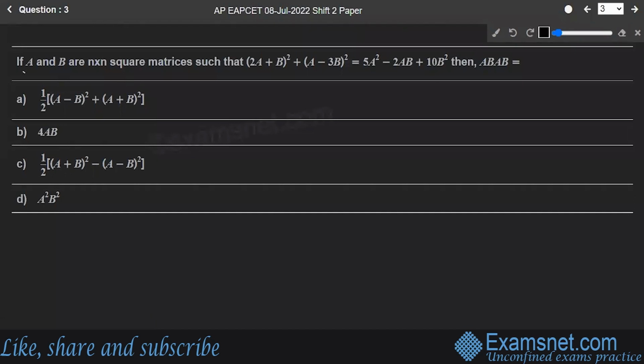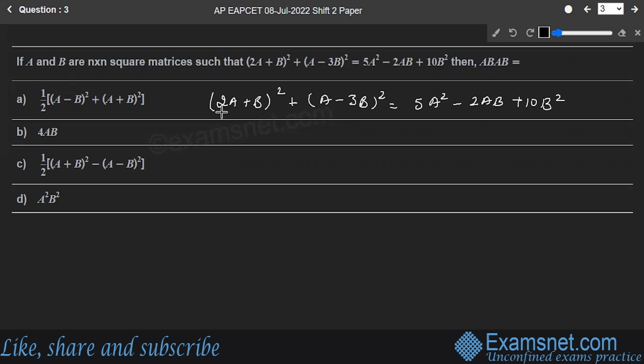Question number 3. If A and B are n by n square matrices such that this equation is true, then AB multiplied by AB is given by what? Let's write down the equation. That's (2A plus B) square plus (A minus 3B) square is equal to 5A square minus 2AB plus 10B square.